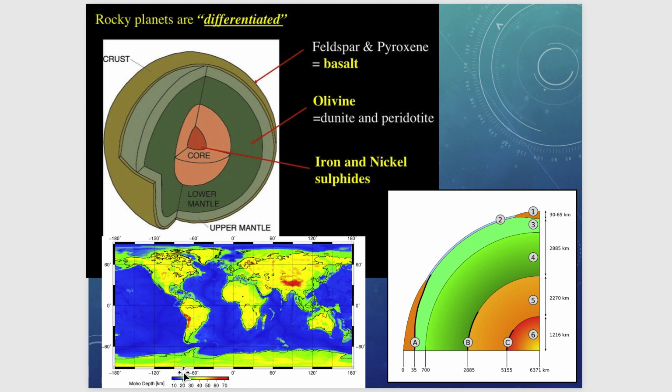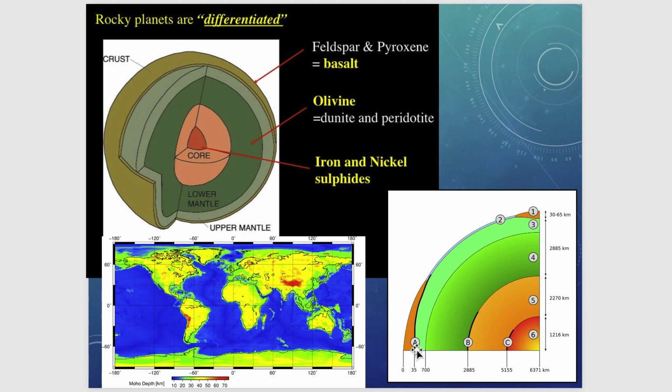In this map here you can see essentially the thickening of the crust, and in this scale we have a representation of the approximate depth of the Moho, the Mohorovičić discontinuity, which is the one that separates the crust from the mantle.